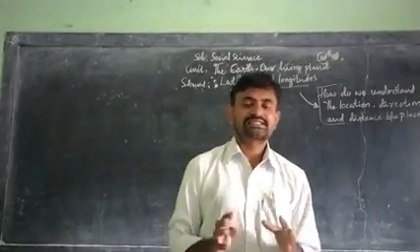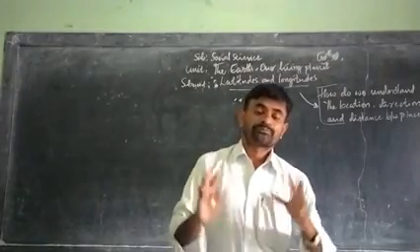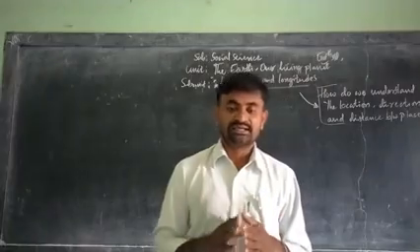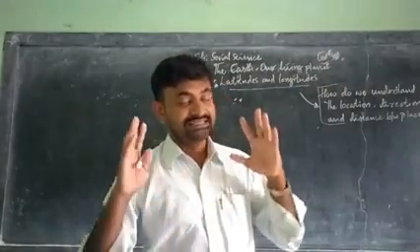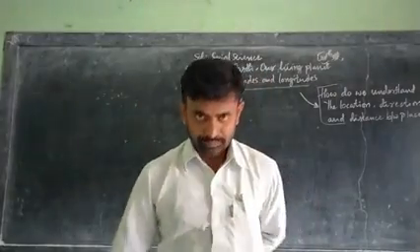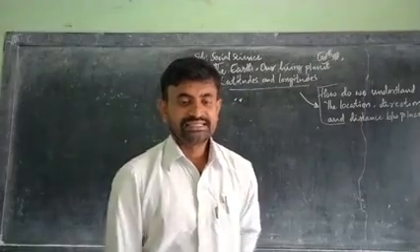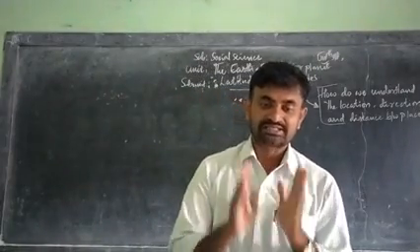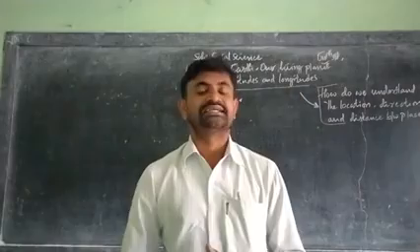In order to understand the relations between different places on the earth and their exact location, we have to understand their position, their distance from any fixed point, and also their exact direction.